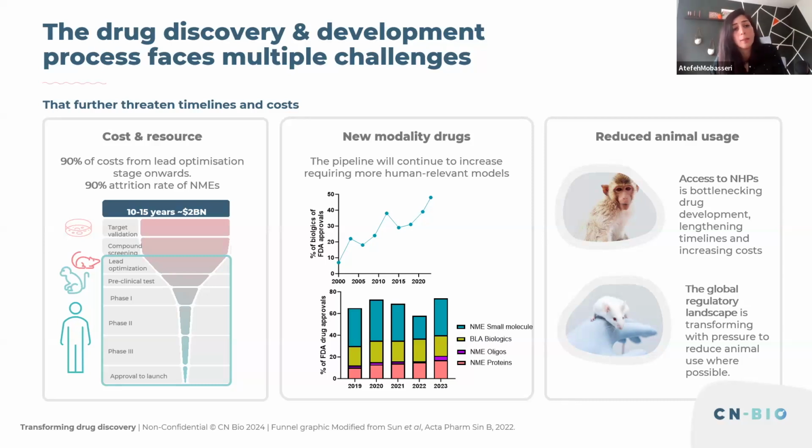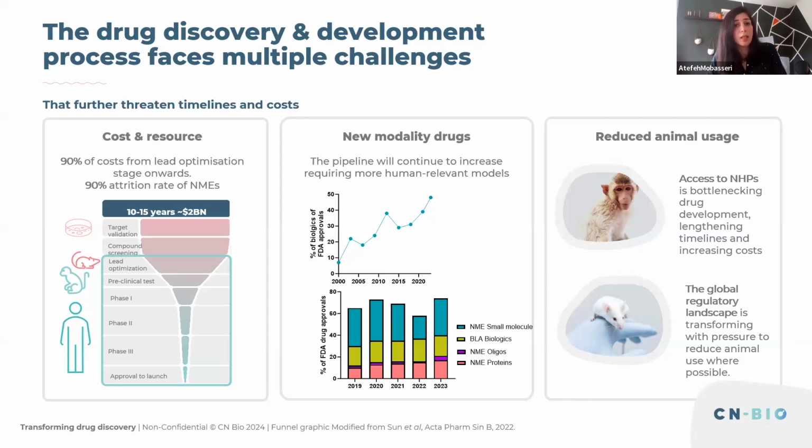On top of that, recently there is huge progress in developing new modality drugs. So these drugs are also approved by the FDA and other regulatory agencies more and more. And these drugs really need better and improved human relevant models.